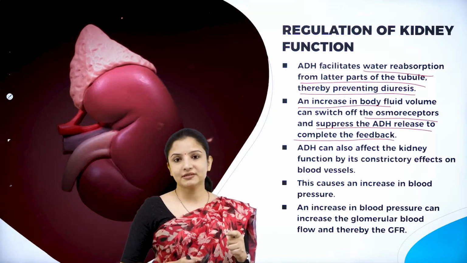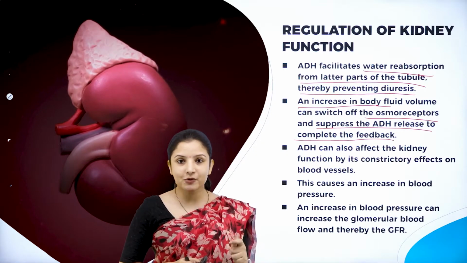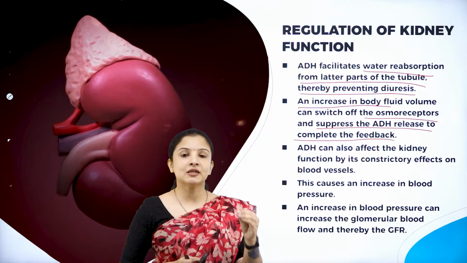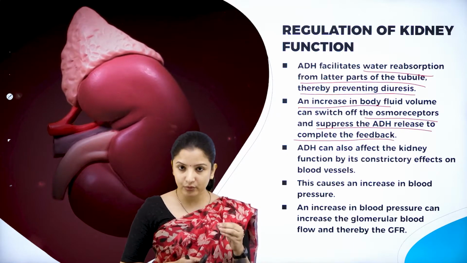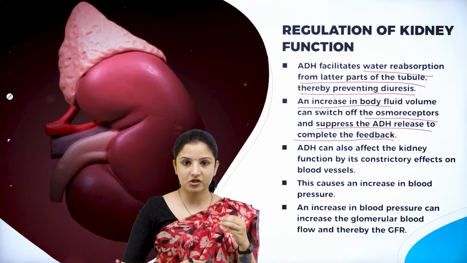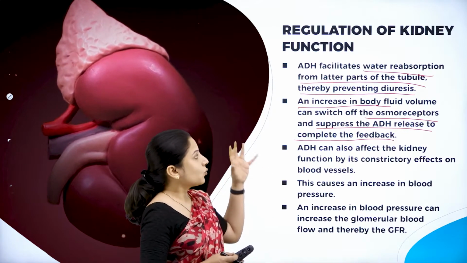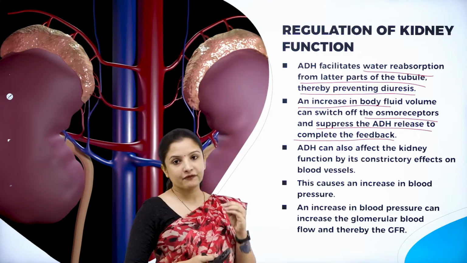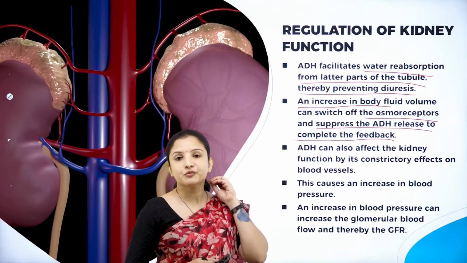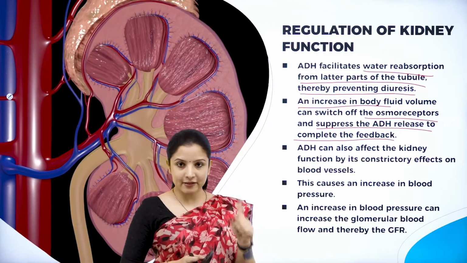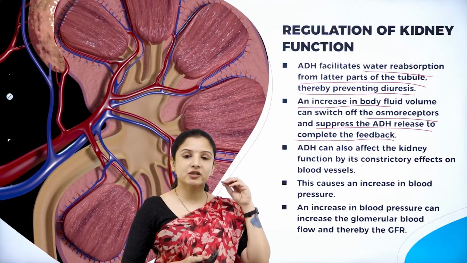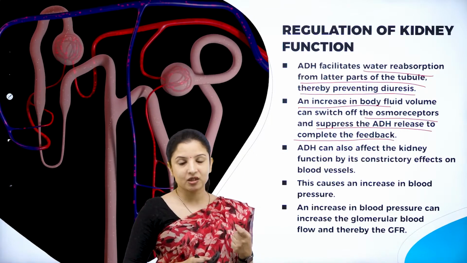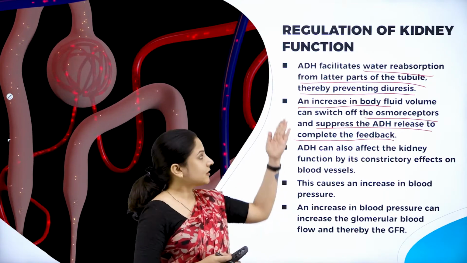They get switched on whenever there is a change or alteration in the blood flow, in the body fluid flow and the ionic concentration, right? But when an increase in the body fluid volume occurs, the osmoreceptors will switch off. That means a decrease in the body fluid volume will actually activate the osmoreceptors, which will prevent diuresis.